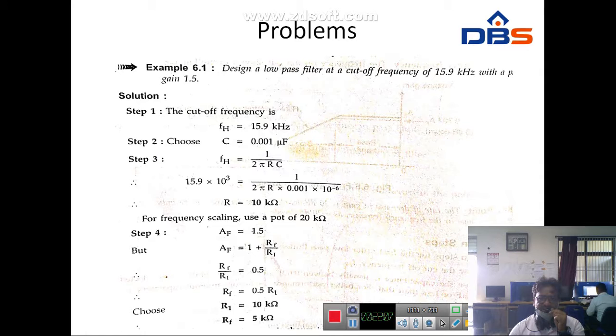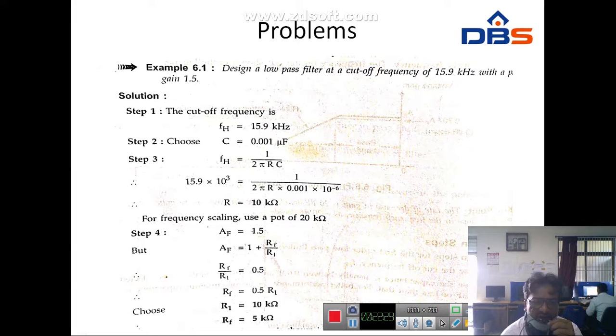For these filters we have a problem, so we will see one example problem. Here the problem is to design a low pass filter at a cutoff frequency of 15.9 kilohertz with a pass band gain of 1.5. Here we have the solution.